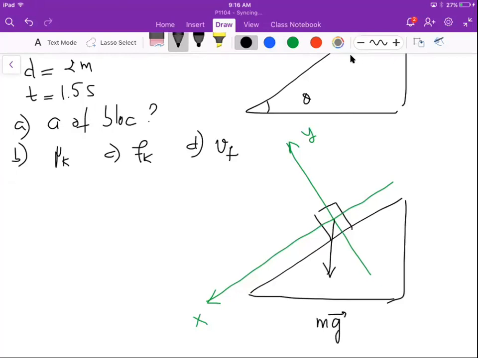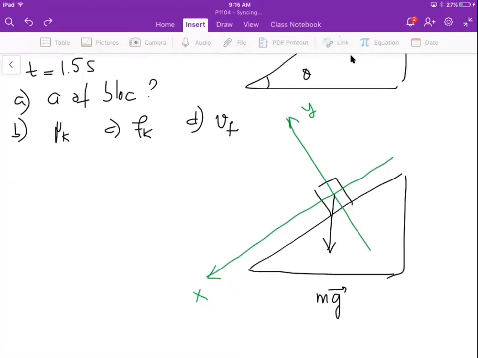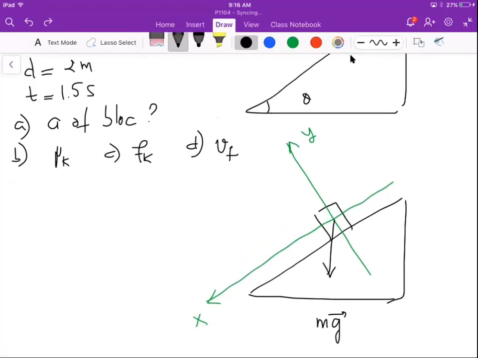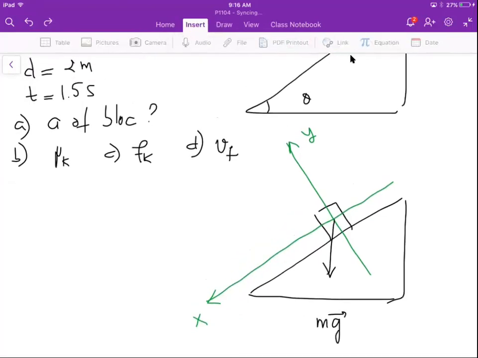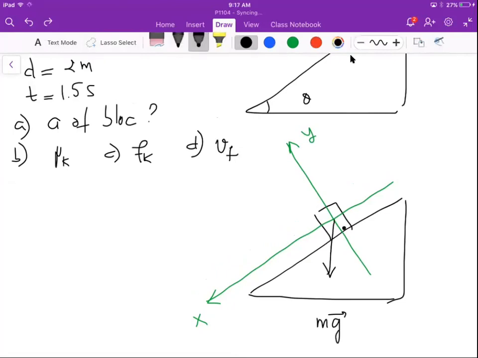We have the normal exerted by the surface on the object. This is the normal, let's call it n.